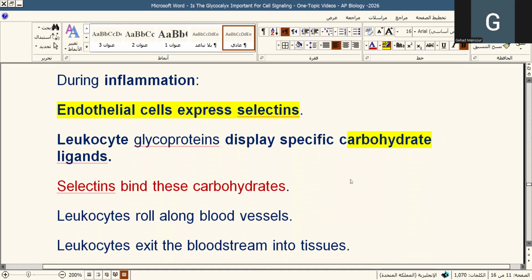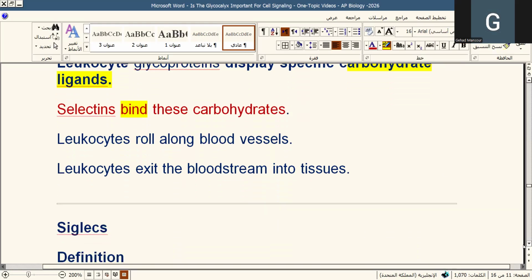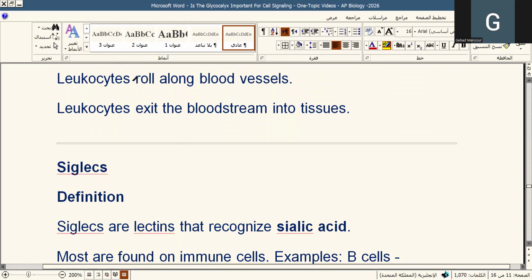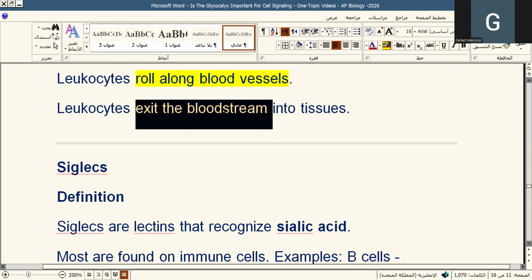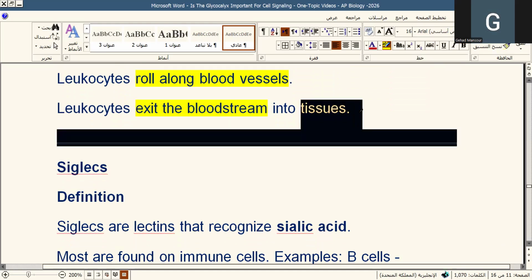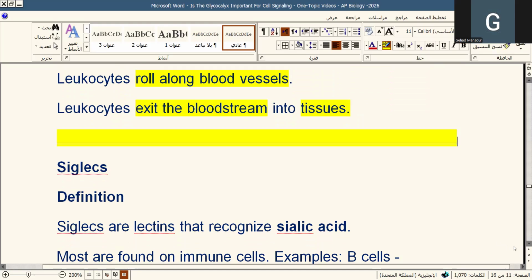So the endothelial cells have the selectins, which are receptors, and the leukocytes have the carbohydrate ligands, so binding occurs between the two. And when binding occurs between the selectins on the endothelial cells and the carbohydrates on the leukocytes, the response is rolling of the leukocytes along the blood vessels and exiting the bloodstream to reach the tissues where they can fight inflammation.